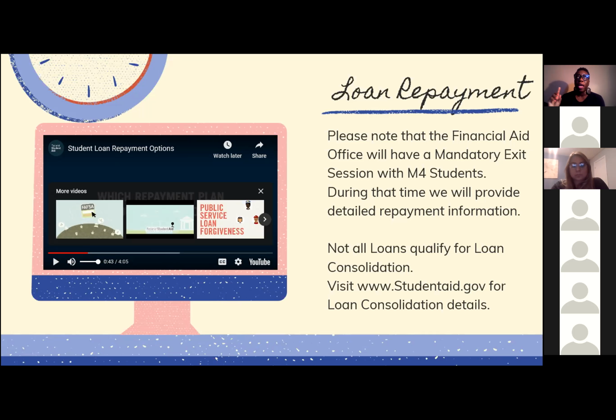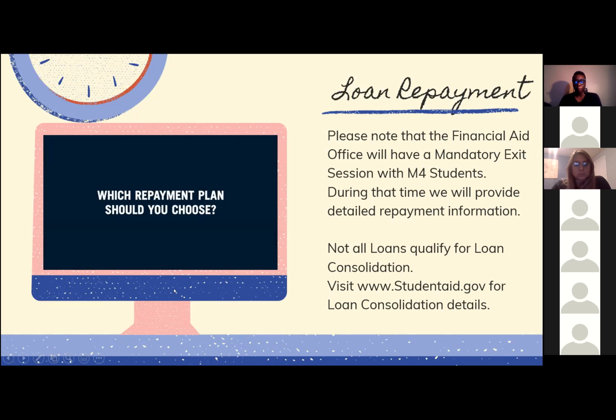However, if your loans from undergrad were with FFEL, like if you went to school before, was that like 2007? It may have been 2007. Yeah. When you were able to choose who your lender was, because direct loans were not around then, I will also suggest you consolidate, because you want all of your loans to be direct loans so that you can reap the benefits of the federal loans.